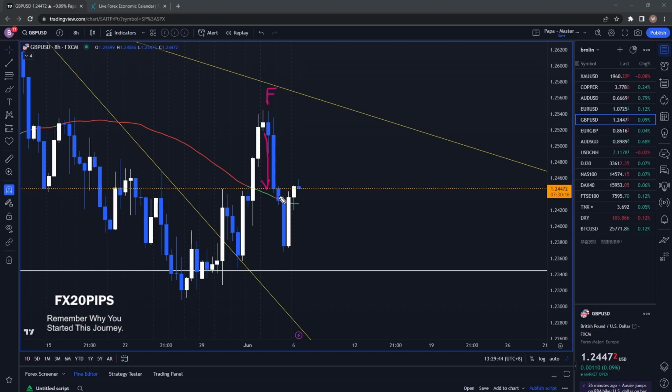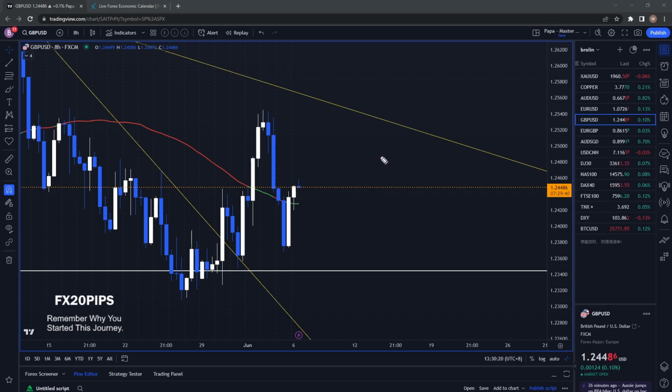There was a continuation of downward pressure yesterday on the Monday, and at about 10 p.m. after the US news came out, price started to come back up again. So now we are at this area, these two candles here, and it's a Tuesday.